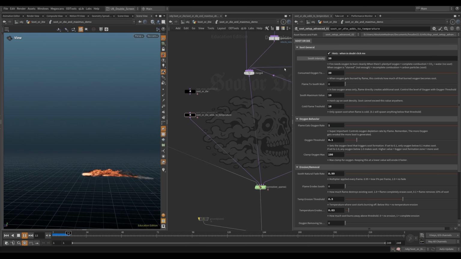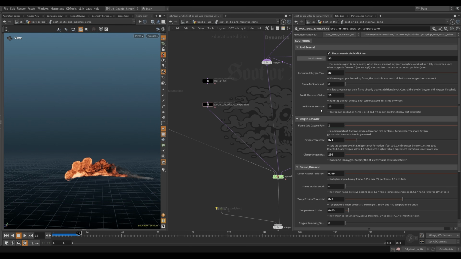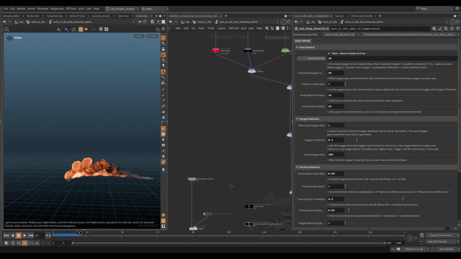Cold flame threshold. So right now the threshold for cold flame is quite high. So only spawn soot when flame is cold. 0.1 will spawn anything below that threshold. Right now it's quite high, so we are emitting soot even when the flame is quite hot.